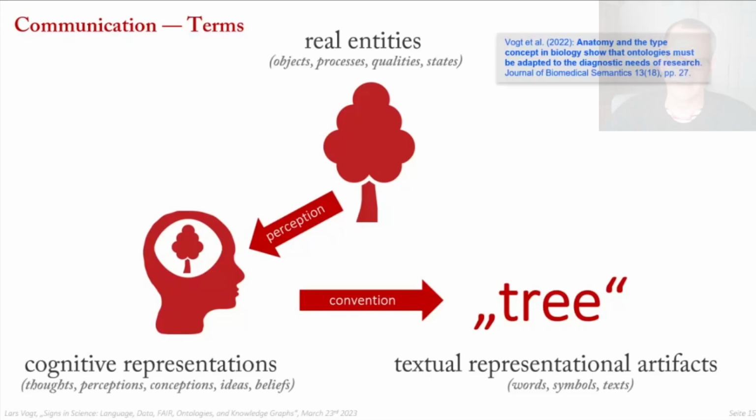That's all by convention. So it's not resemblance like with the images where we have the content basically automatically transported through the resemblance. Here we have to do that by convention. And these are then called textual representational artifacts. So words, symbols, texts in general.